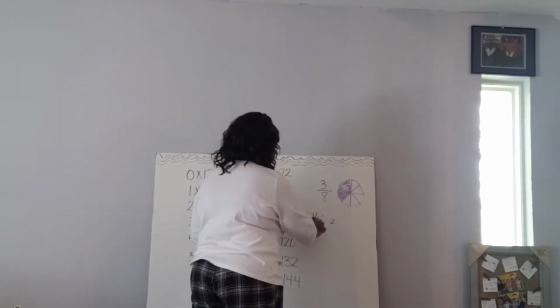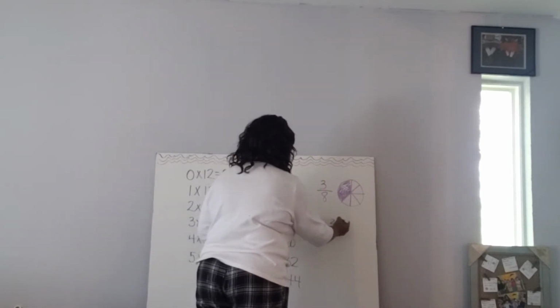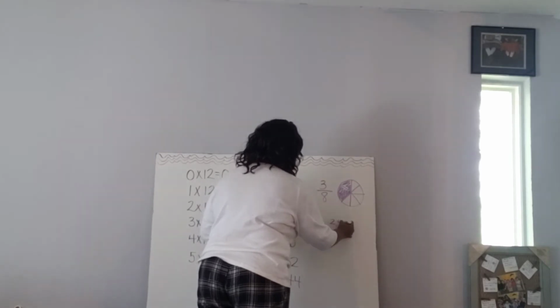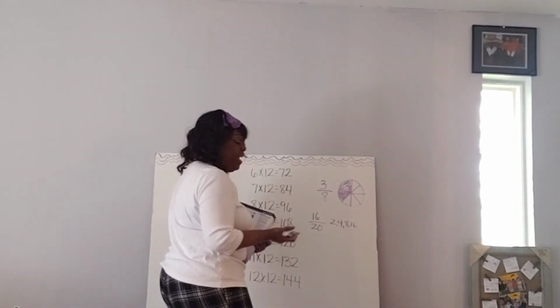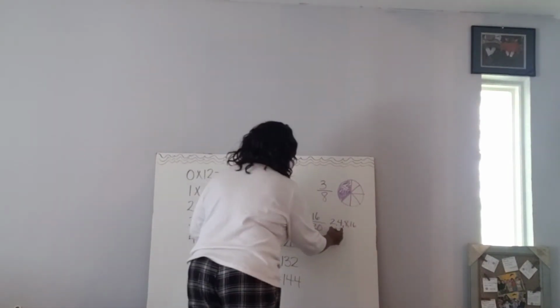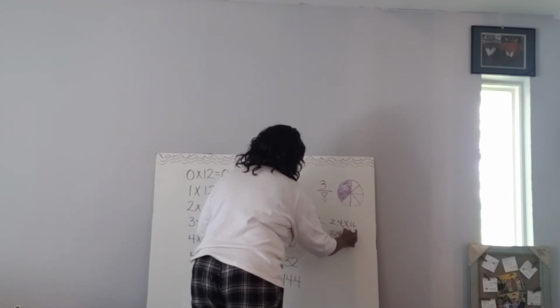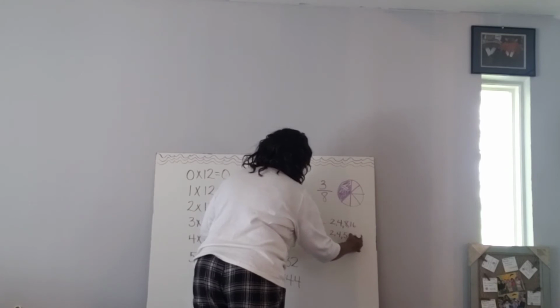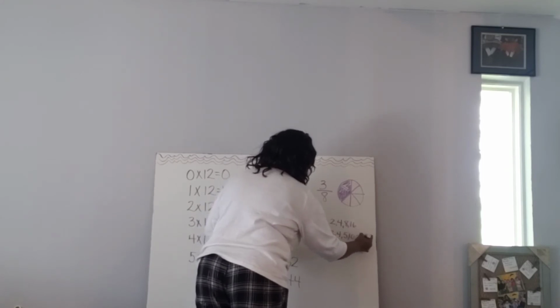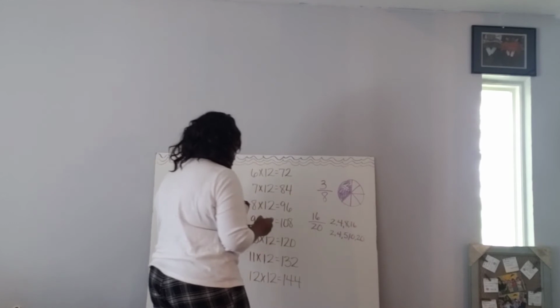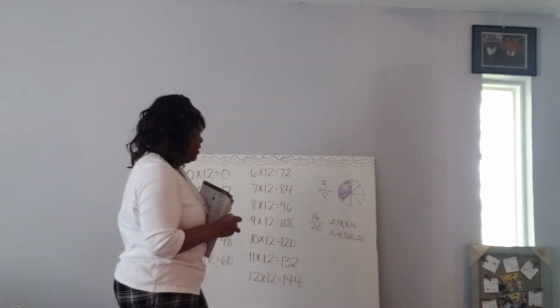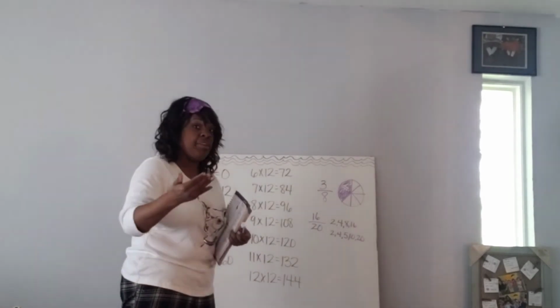So I can divide 16 by 2, I can divide 16 by 4, and then 8, and then 16 is the only other one. Now with 20, I can divide it by 2, I can divide it by 4, and 5, and 10, and 20, okay?